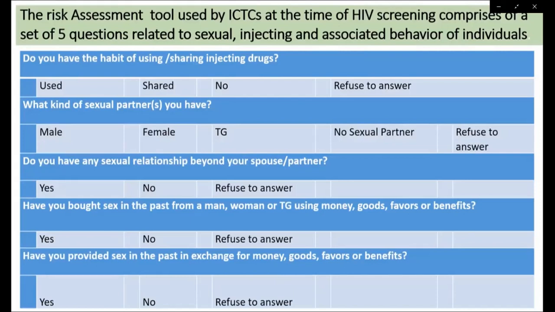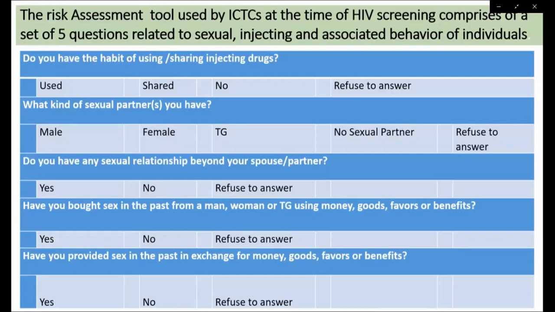So these are the things we are supposed to ask, but as you know, there are hindrances in the usage of SOACH, and sometimes the portal is not being used. If the client load is very high in that particular standalone ICTC, making entries into SOACH is a difficult task itself.